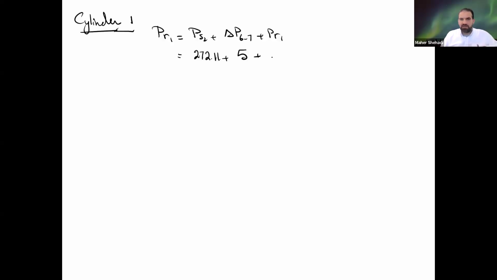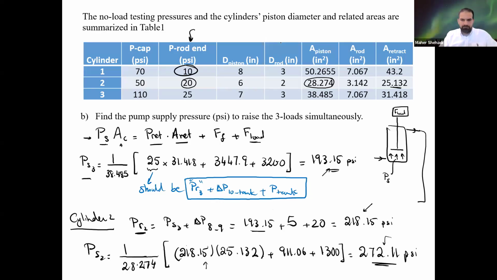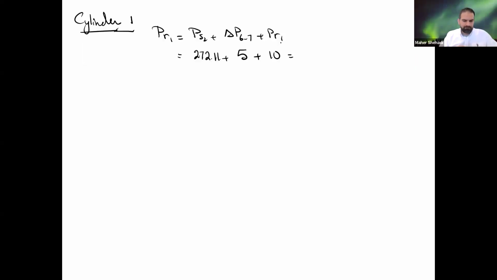So here 5 psi plus 10. So now I'm good to find P supply 1.